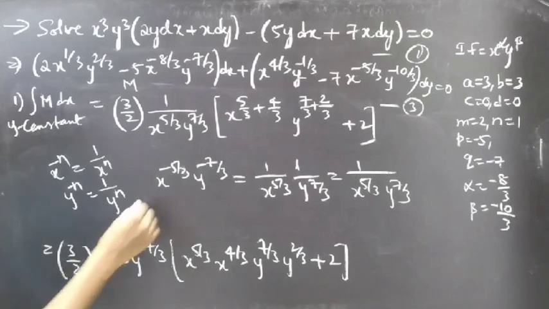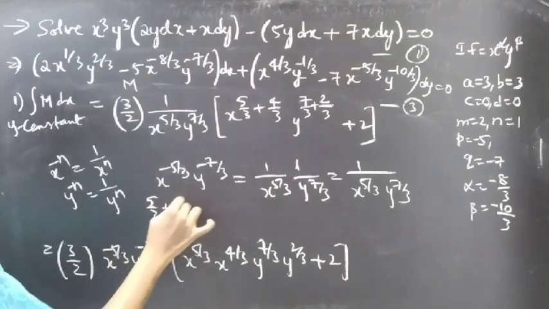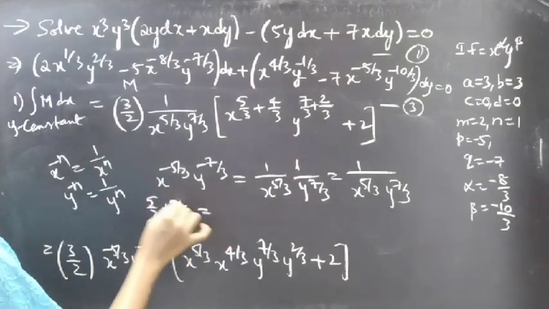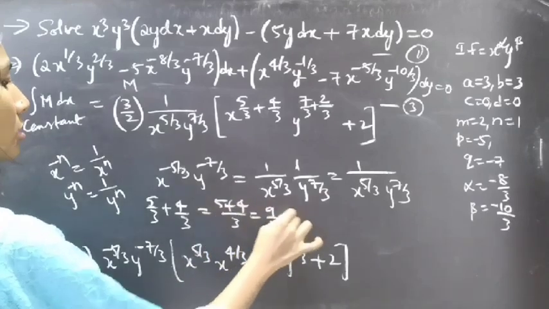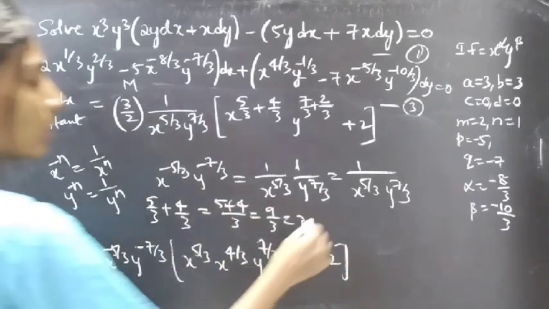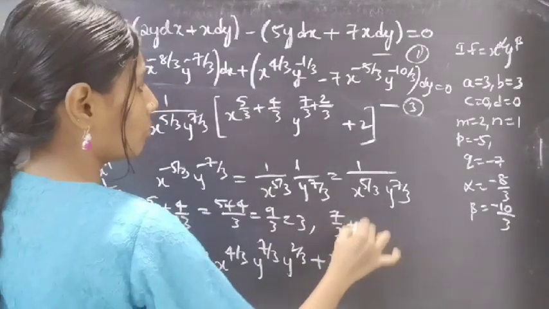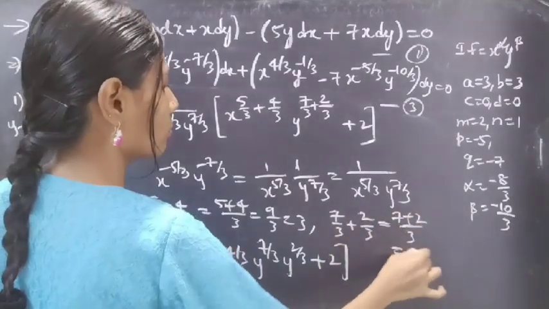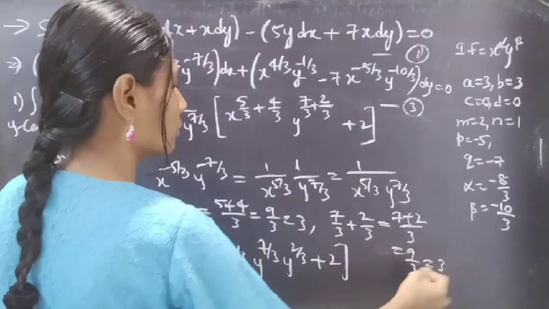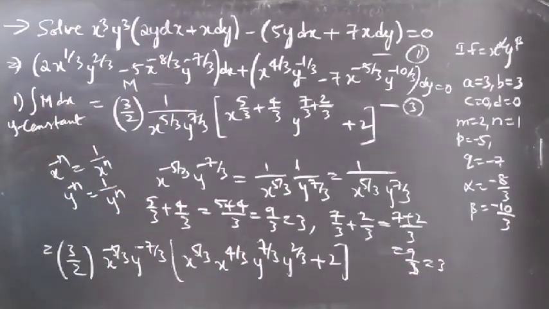Now simplify 5 by 3 plus 4 by 3, which gives us 5 plus 4 by 3, 9 by 3 is 3, and 7 by 3 plus 2 by 3 gives 7 plus 2 by 3, which gives 9 by 3. From this you'll get 3. Okay.